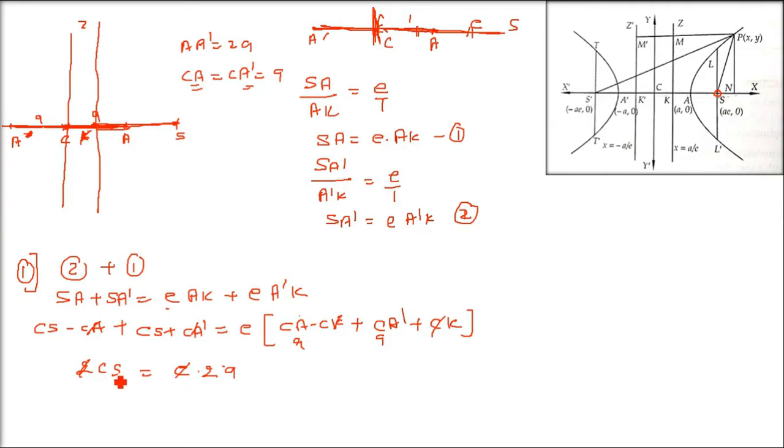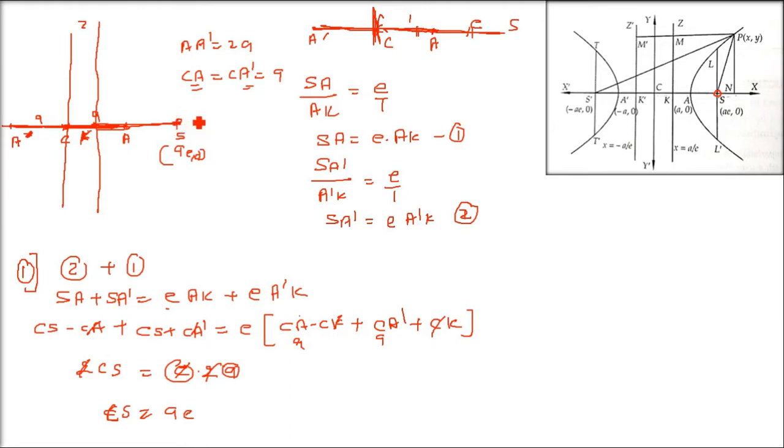Just cancel these 2 and you'll get CS equal to ae. CS will be ae. So if you take C as (0, 0), the point S, that is the focus, is at distance ae. So the coordinate of S, with C as origin, will be (ae, 0).